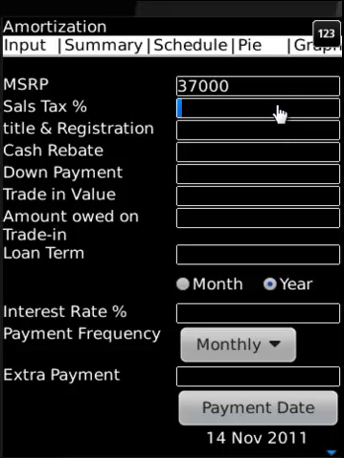Sales tax is 7%, title registration is $500, and cash rebate is 0, down payment is $2,000, and loan term is 5 years, and interest rate is 3.3, and say $200 extra payment.